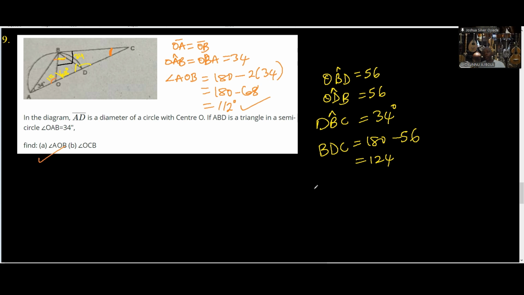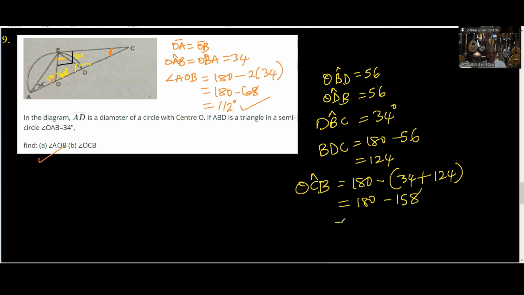So then the angle we are looking for, OCB, will be 180 because it's in a triangle. So 180 minus the addition of the other two angles, which is the 34 and 124. So what is 34 plus 124? 158.